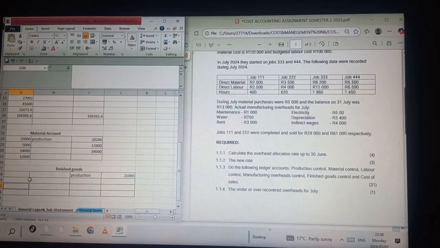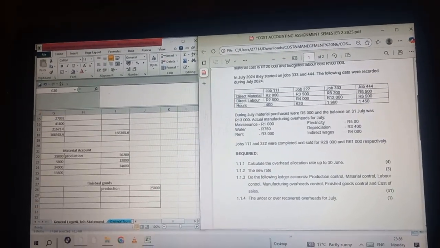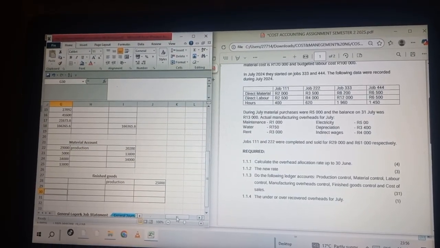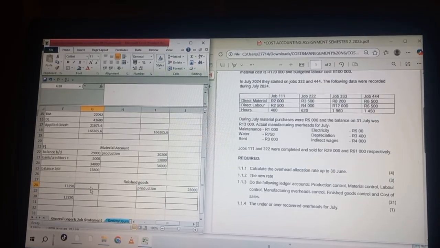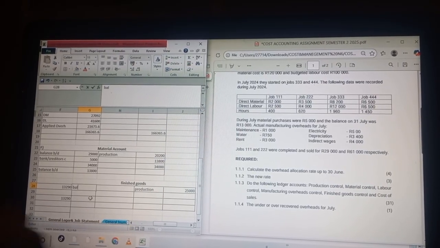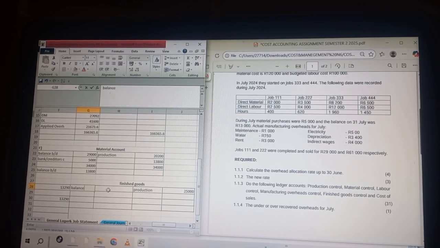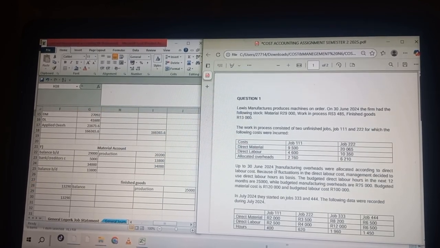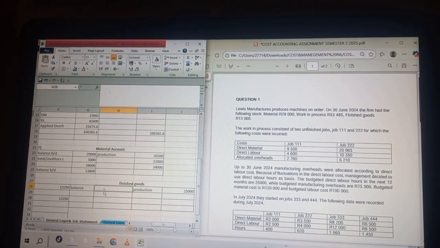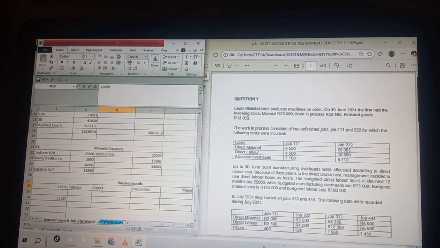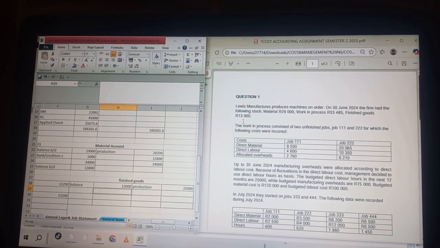We need to prepare finished goods fast and quick. So now remember, we have our opening balance, it is given, sorry. Balance brought down, 13,000. Yes, finished goods, 13,000.